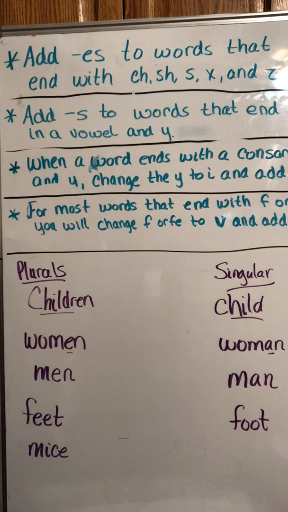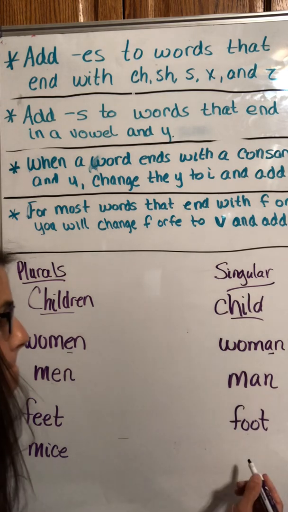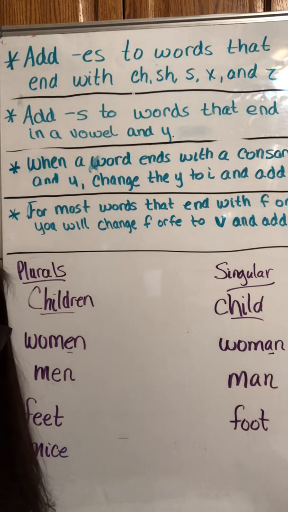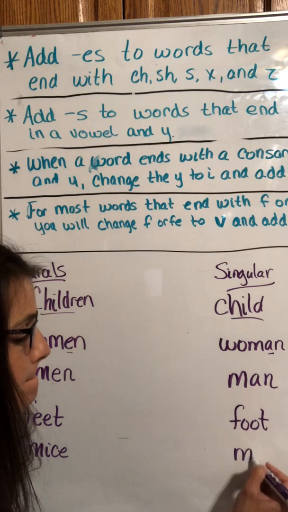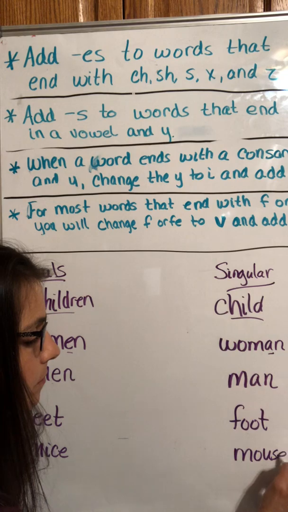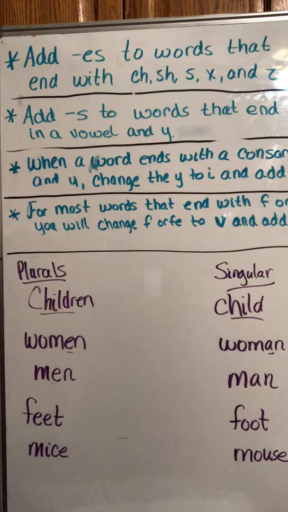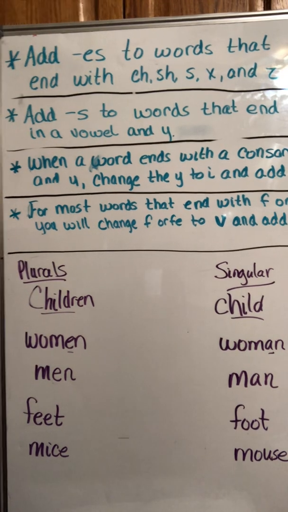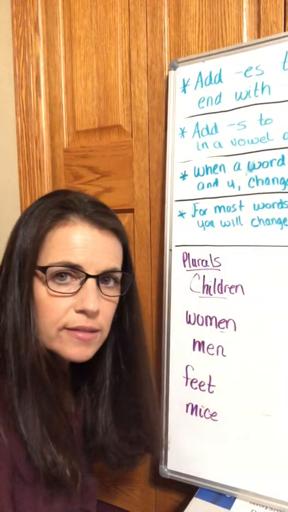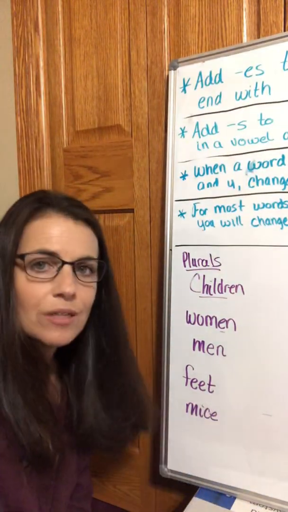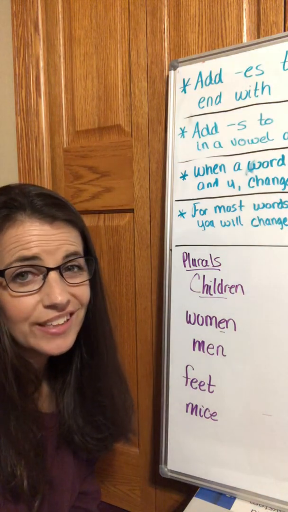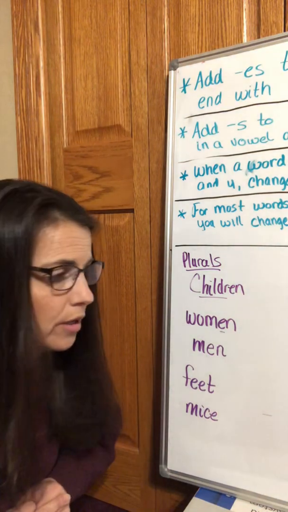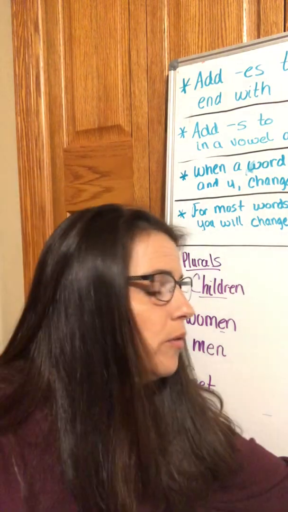I would want to get rid of all of them and have 0 mice left. But if I only had 1 mice left, I would have 1 mouse. 1 mouse. So there's a lot of other examples of words that follow this pattern, this irregular plural nouns pattern, where we have to change the entire word to come up with our new word, okay?